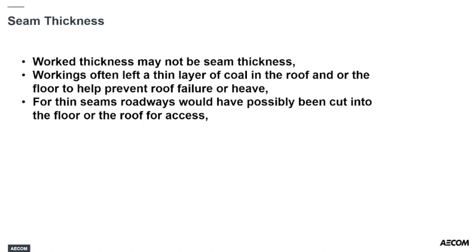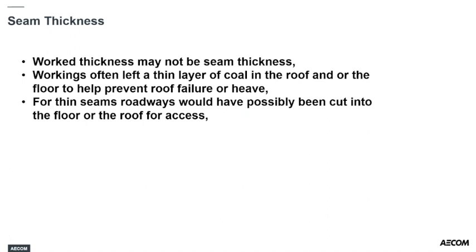Equally, where we had quite thick seams, the miners might leave a thin layer of coal in the roof, or a thin layer of coal in the floor. So suddenly we're changing the work thickness and the seam thickness, and that's important to think about.